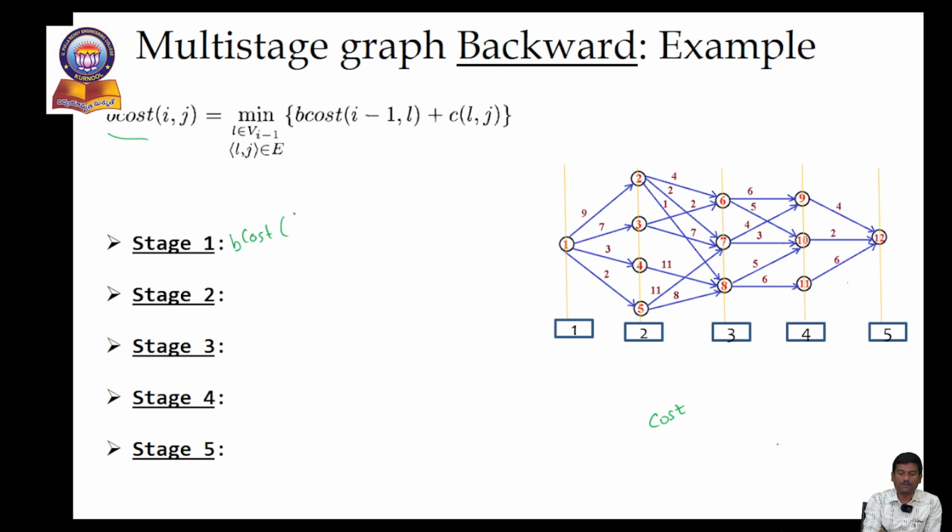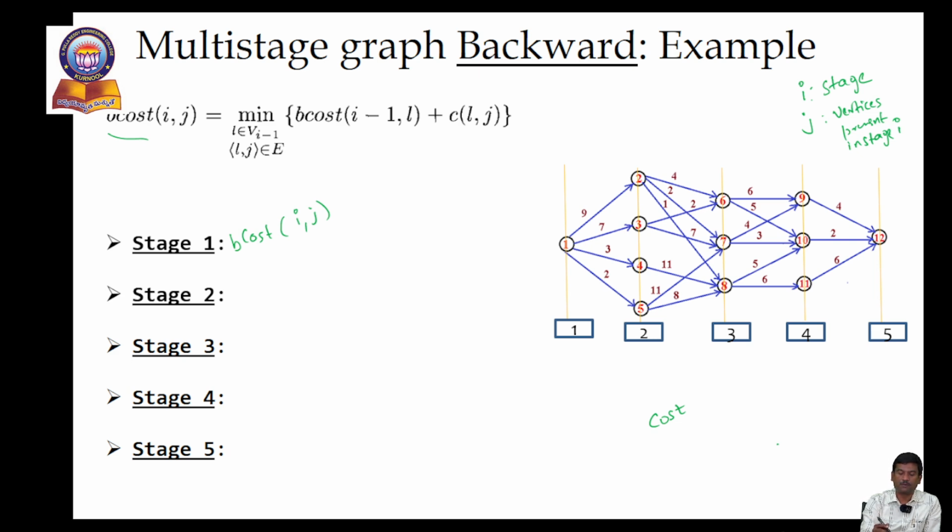So b cost of i comma j. So what is the value of your i? As I've explained, i indicates the stage and j indicates the vertices that are present in stage i.